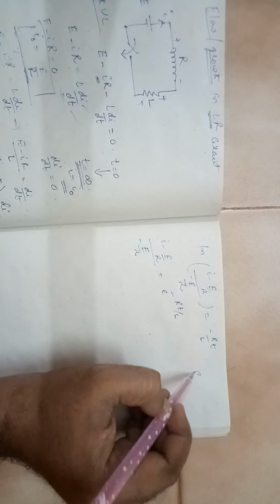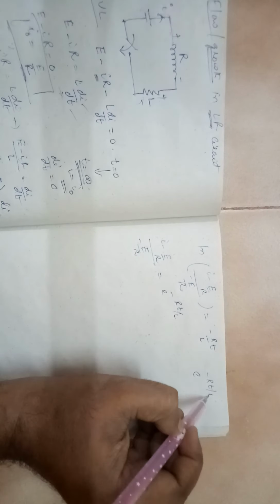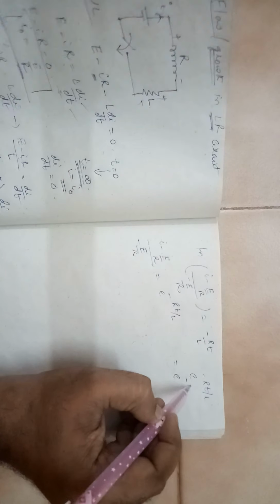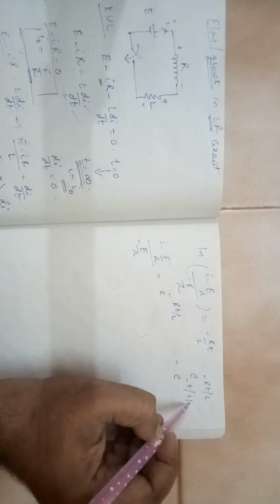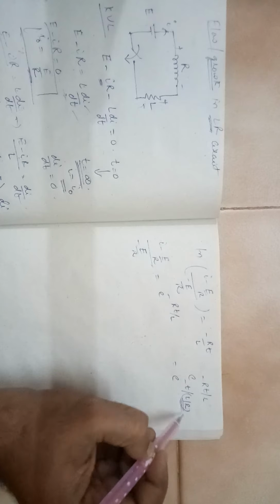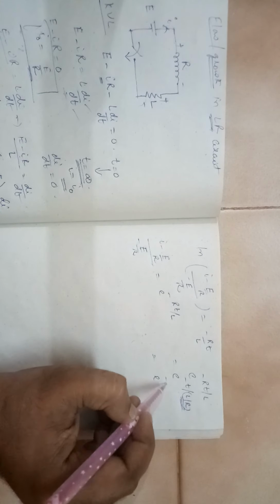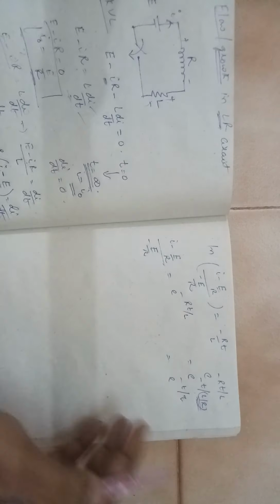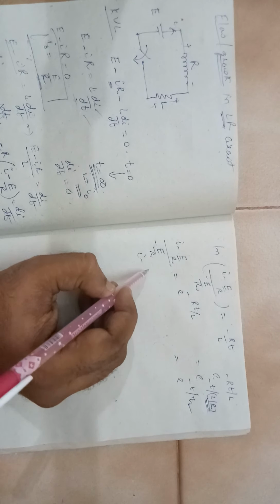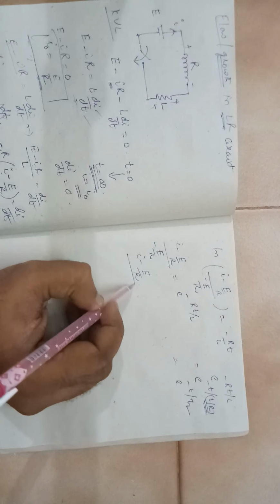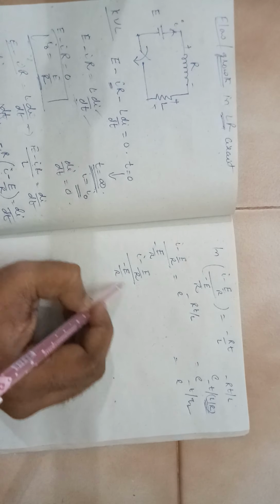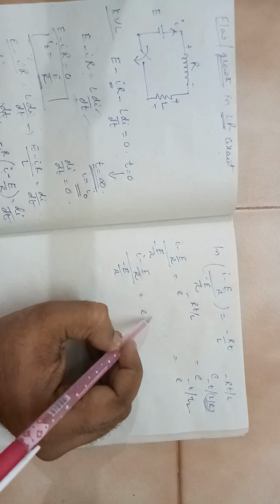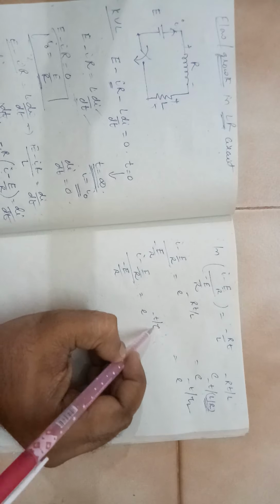So this e power minus RT by L, I will write it as e power minus T divided by L by R. This we will call it as tau, which is also called time constant. Tau is L by R. So we can write this equation as I minus E by R divided by minus E by R is equal to e power minus T by tau.